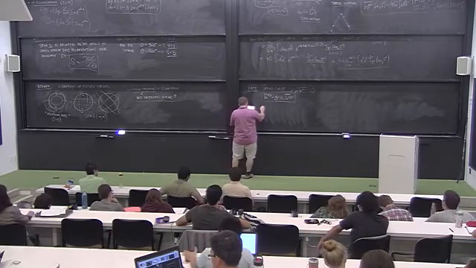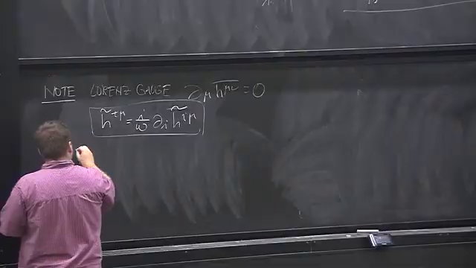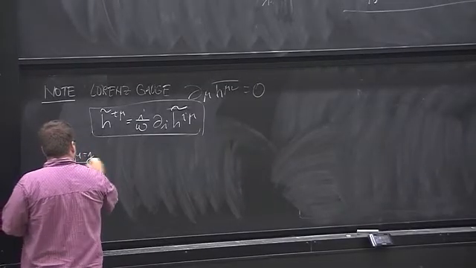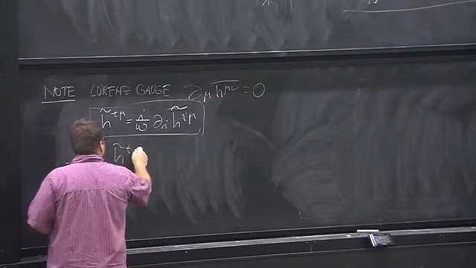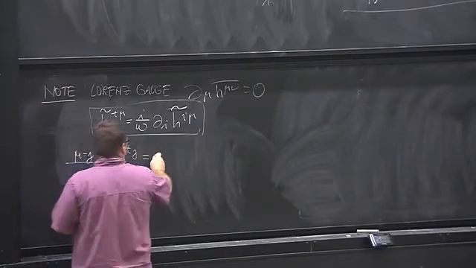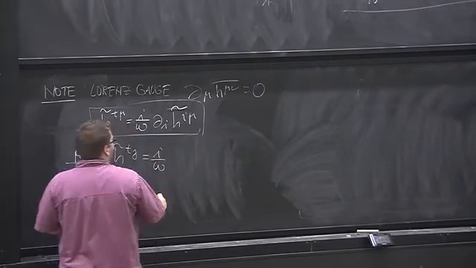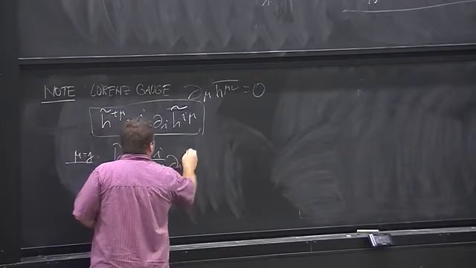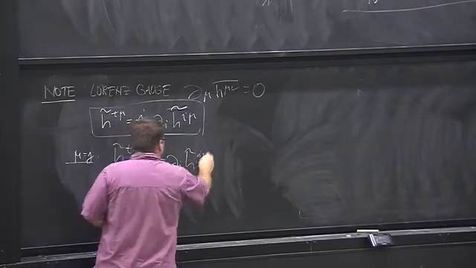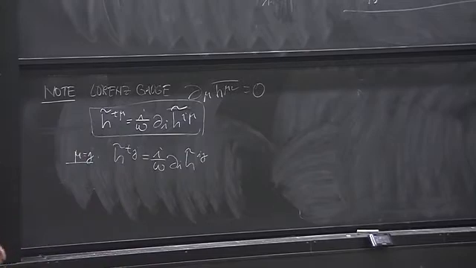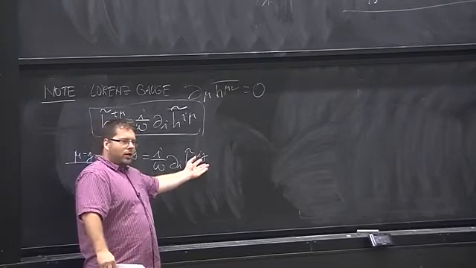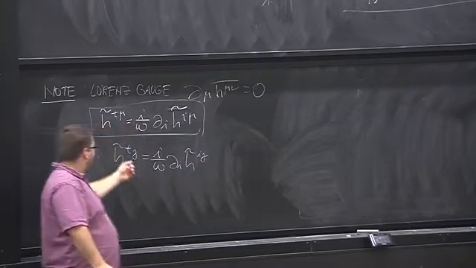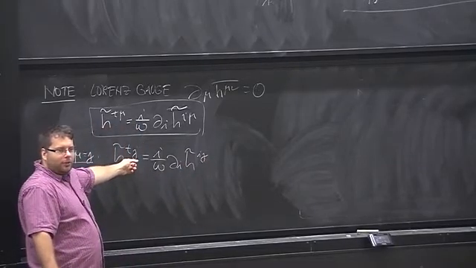So in particular, if you do mu equal to j, then you are finding that h̃^{tj} equals i over omega ∂_i h̃^{ij}. Okay, so what it means is that if I know what my Fourier transform of the ij components is, then I can also find the tj components.